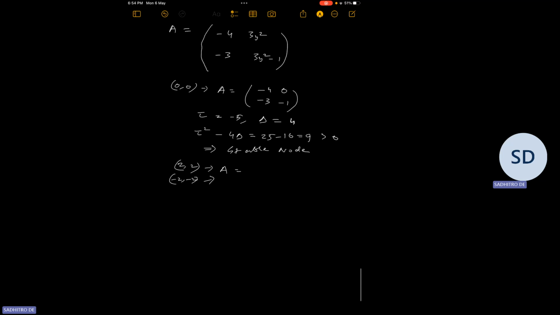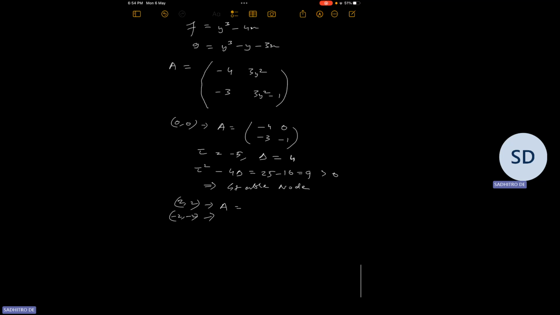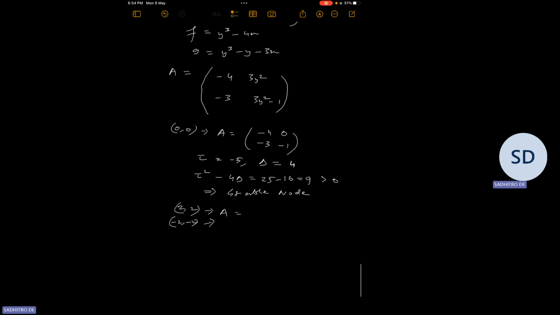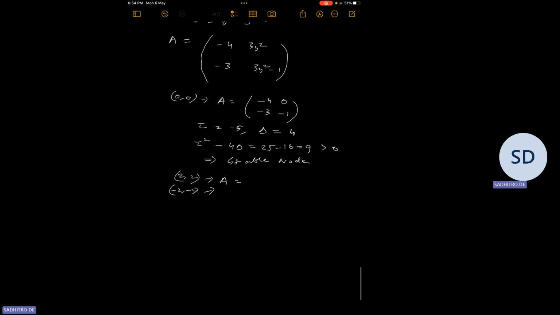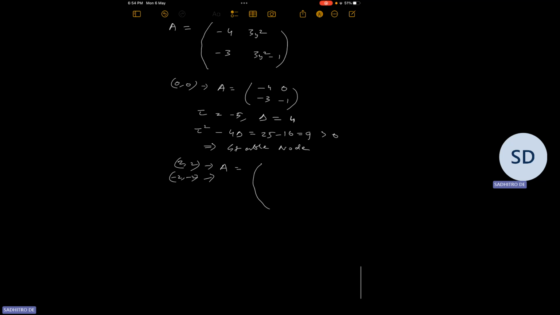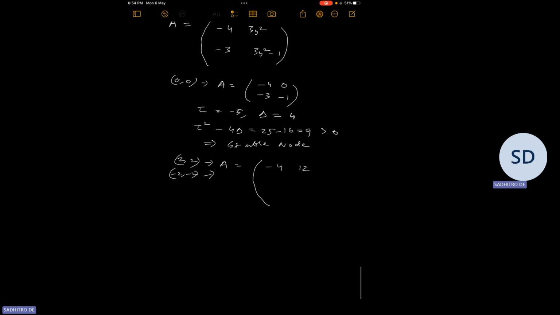Again, because there is x square, there is only y square over there, so plus 2 and -2 will have the same Jacobian matrix. Alright, so for this answer to be -4, 4 into 3, 12, -3, 12 minus 1, 11.